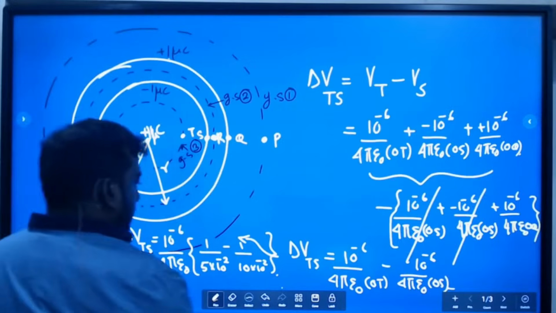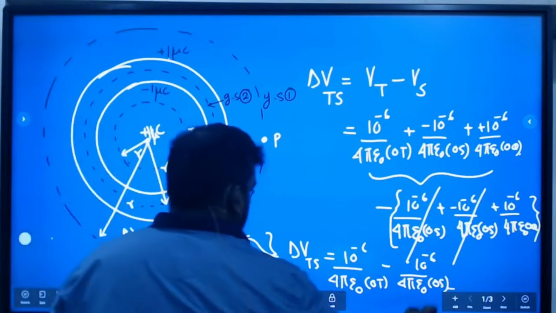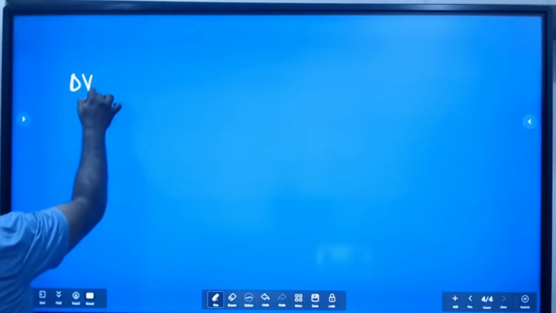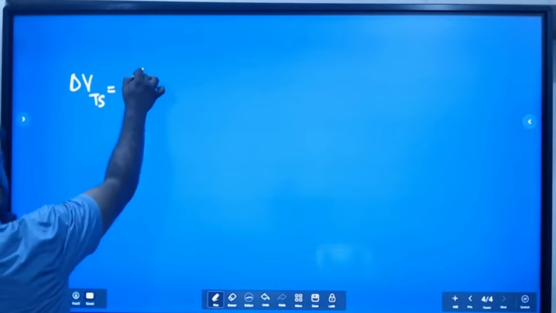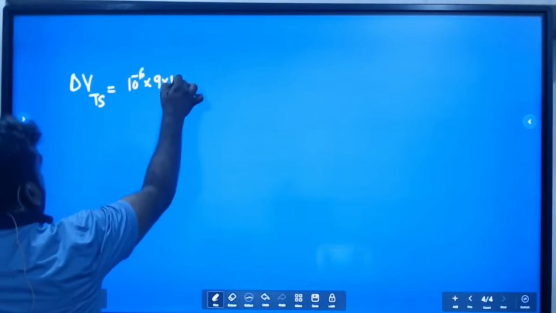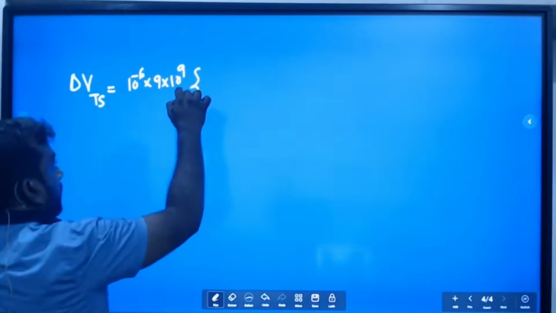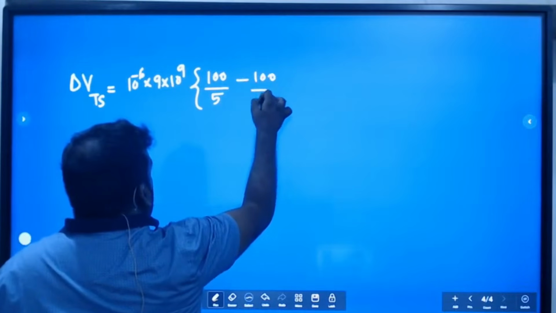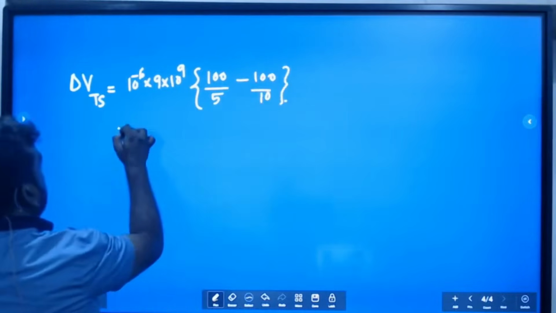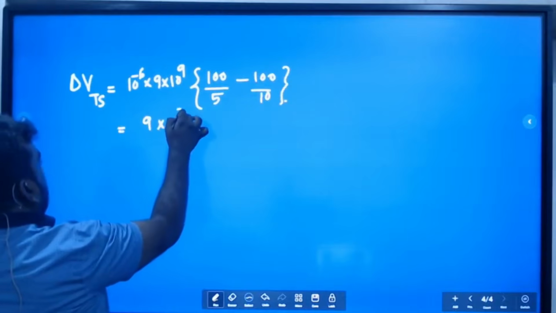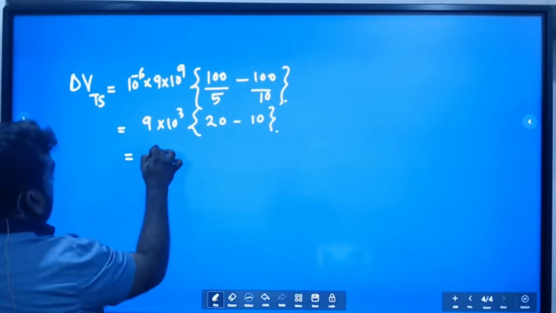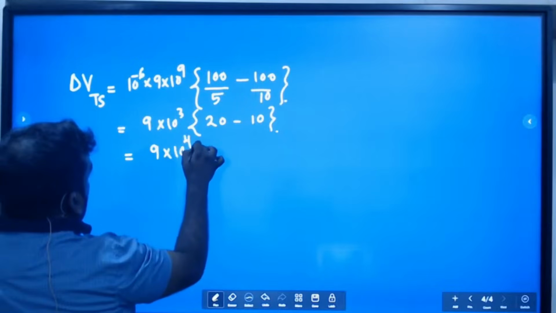Simplify this. The potential difference between T and S is 10^-6 times 9 × 10^9 times (100 divided by 5 minus 100 divided by 10), which is 9 × 10^3 times (20 minus 10), which is 10. That gives 9 × 10^4 volts.